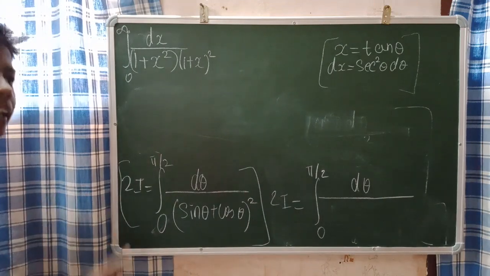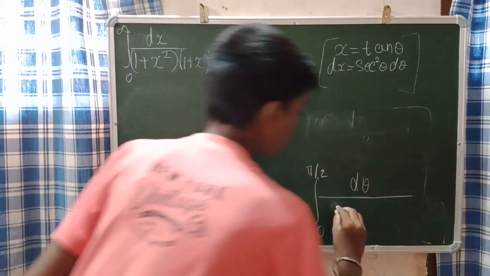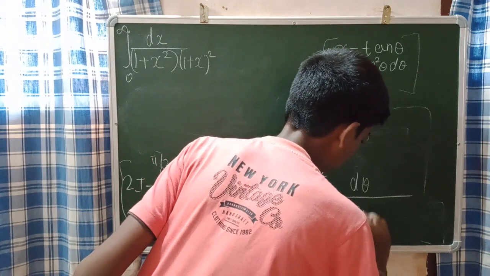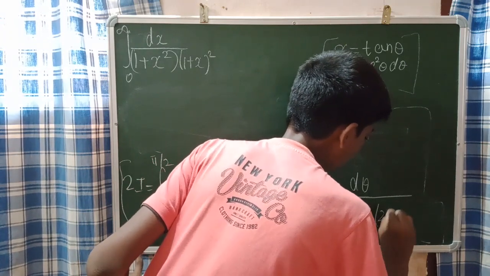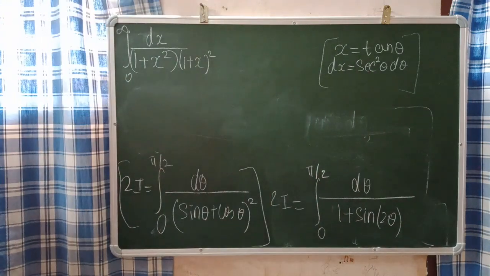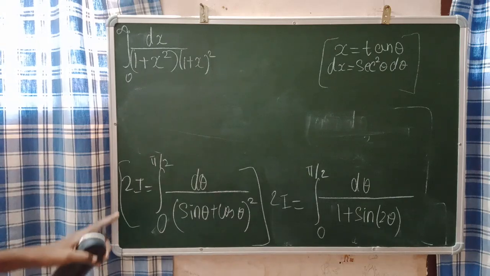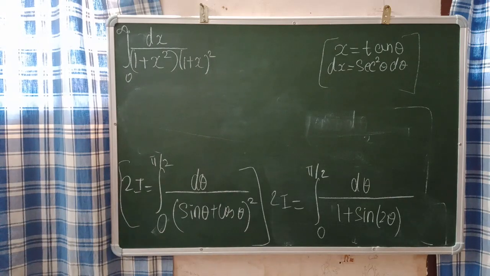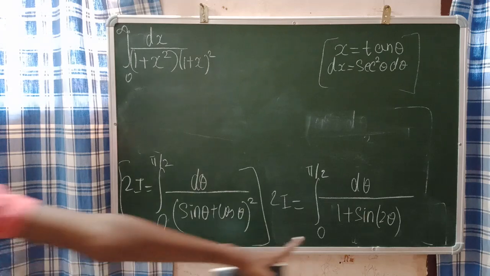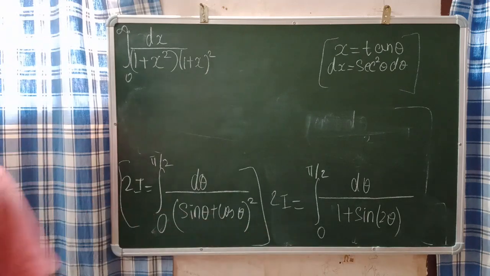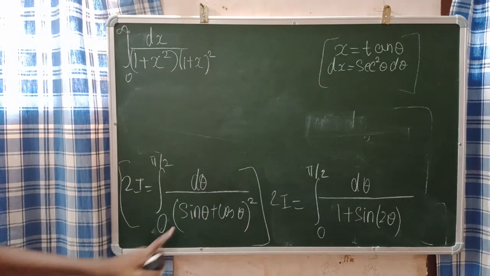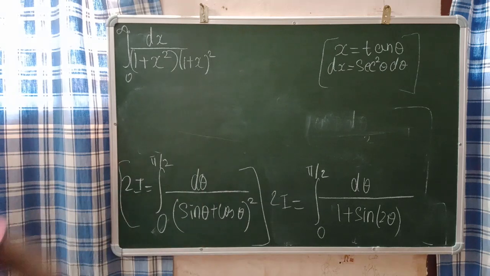I can write this sin theta plus cos theta whole square as 1 plus sin 2 theta. Can't I write like this? Think carefully and say.